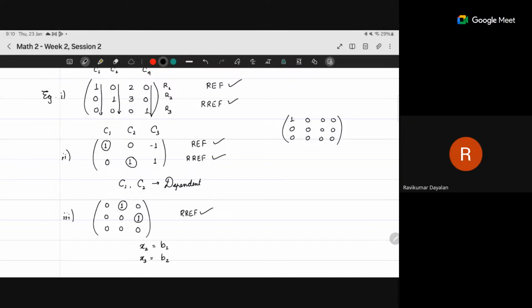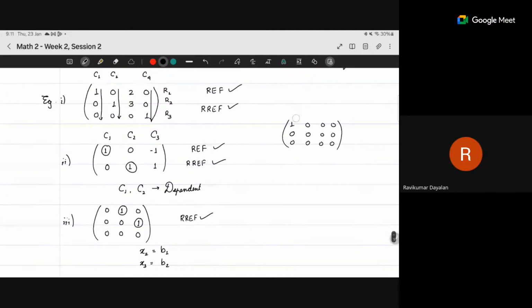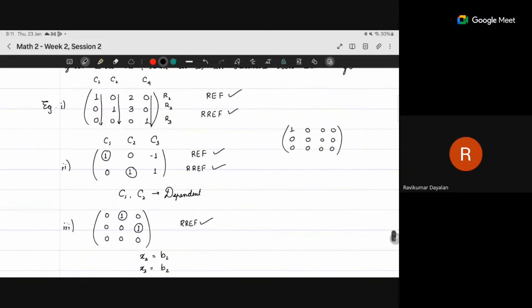All you have to do is look at how many dependent variables there are. In other words, see how many rows have non-zero leading entries, which is just how many non-zero rows there are, and that many checks you have to do. Even if it is just one check, even one column, then it is fine. Yes, this is in RREF.